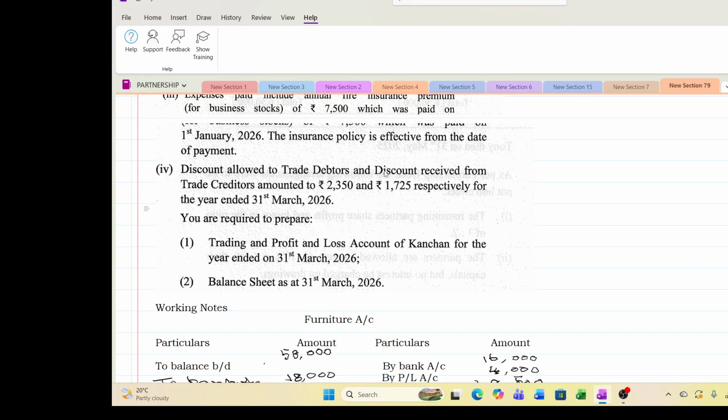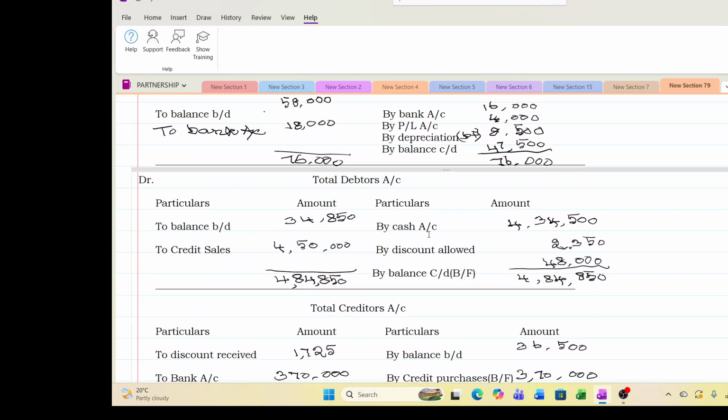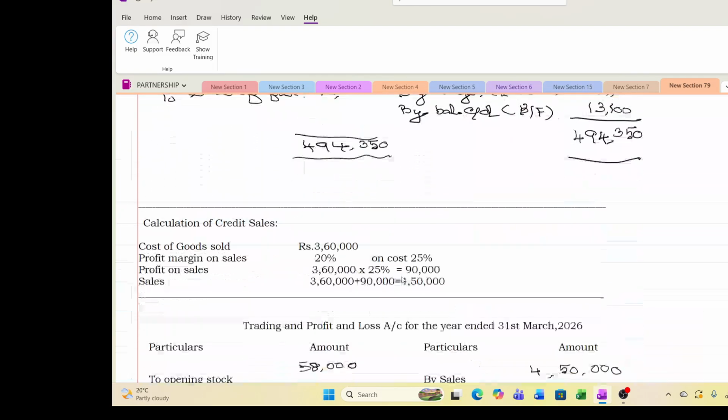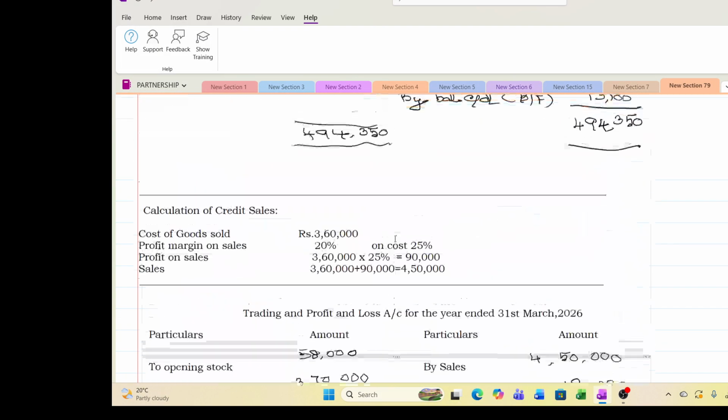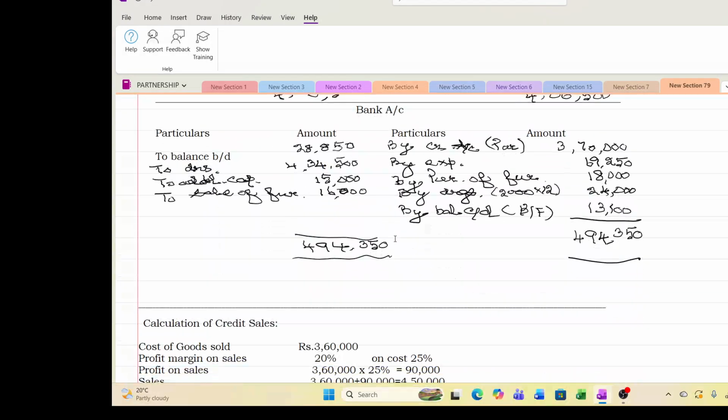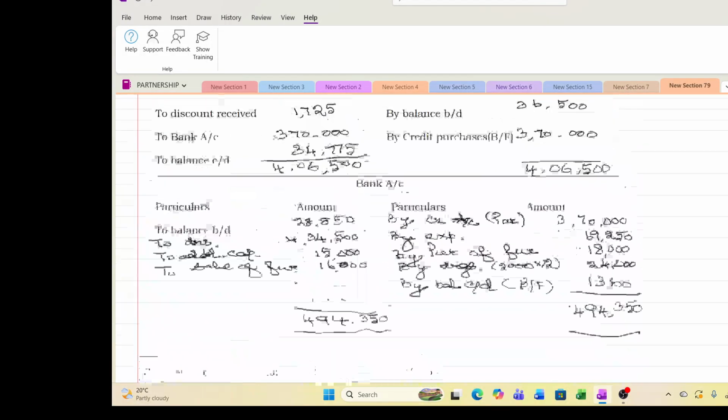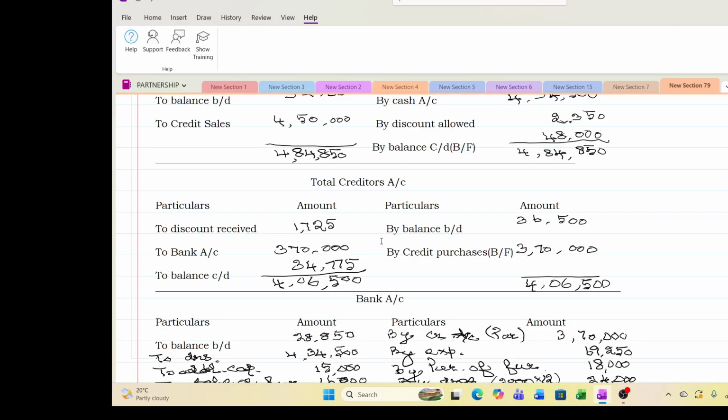Now coming to trade discount allowed and received. This will appear in your debtor account and creditor account and in your P&L account. So go to the debtor account, by discount allowed 2,350, and in your P&L account, to discount allowed 2,350. In the same way, discount received, we will go to the creditors account.